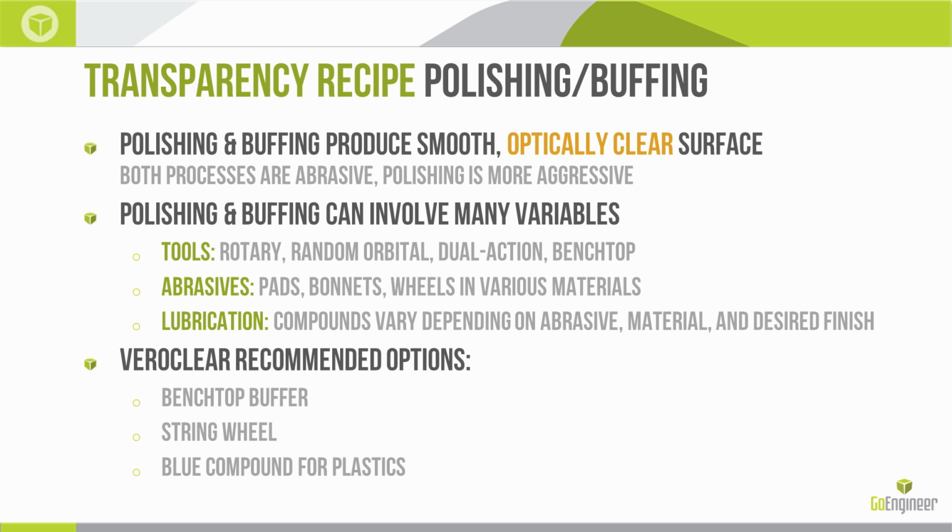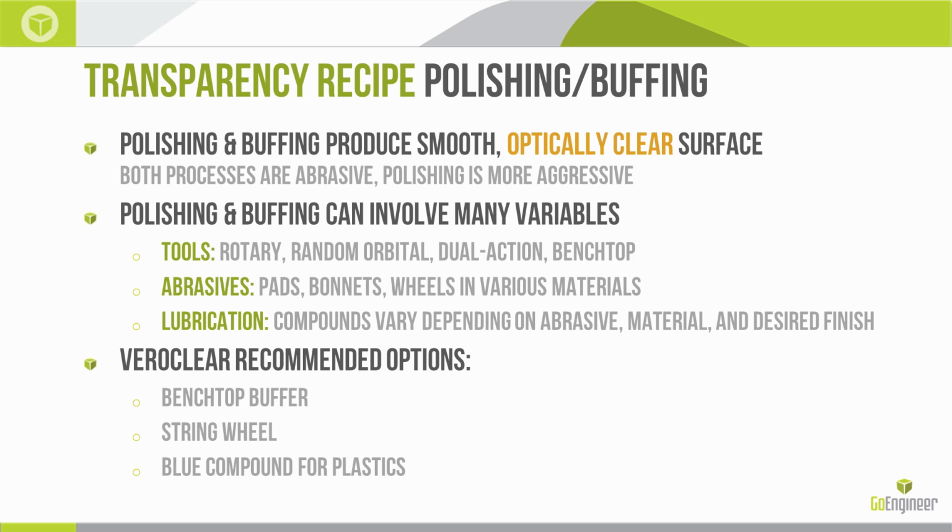Polishing and buffing actually involves a lot of variables. You have different types of polishers and buffers. You can have a rotary tool, a random orbital tool, a dual action tool, which does both of those, or a benchtop buffer. And on top of that, you have different abrasives, pads, bonnets, wheels, in all sorts of different varieties, materials and coarsenesses.